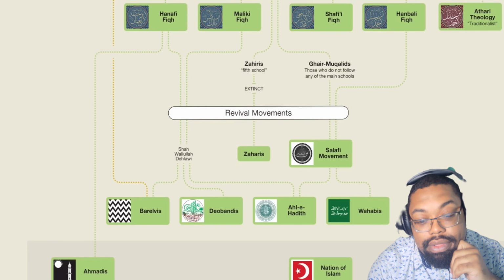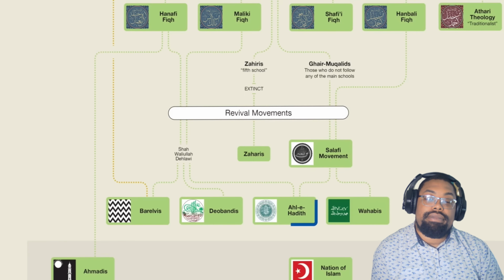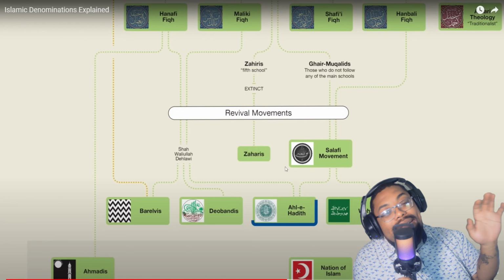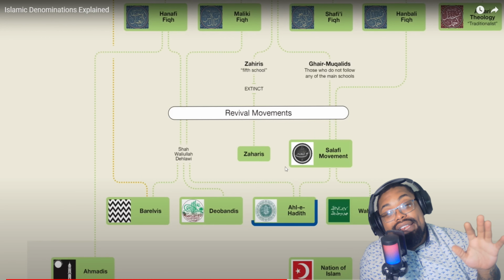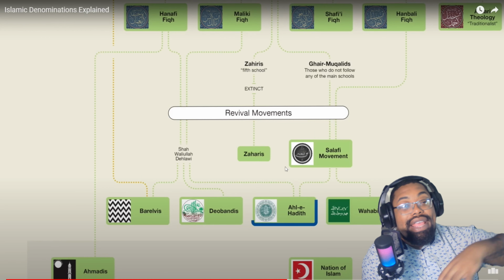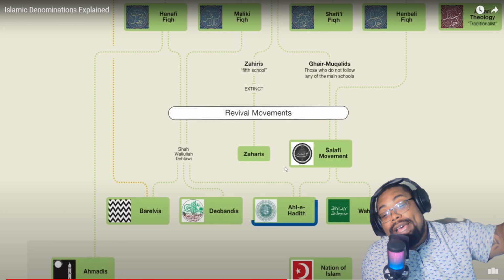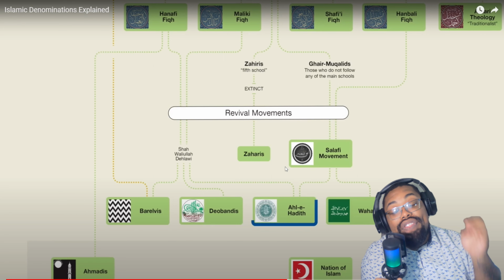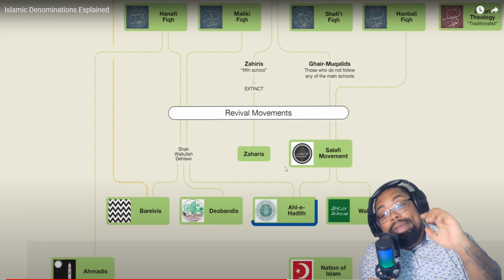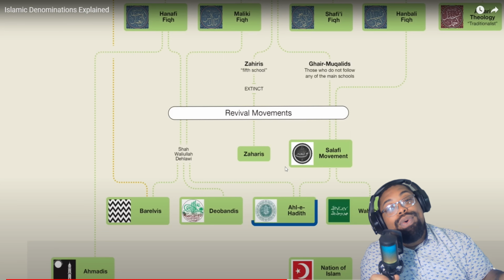Wahhabis are often put in the same box as the Ahle Hadith, who, my bad, Wahhabis. Again, don't mean to disrespect anyone here. I want this whole thing to stay as respectful as possible. But again, need to focus more on that symbol, guys. You need to work on that just a little bit harder. Just make sure it's up to date, getting cool.